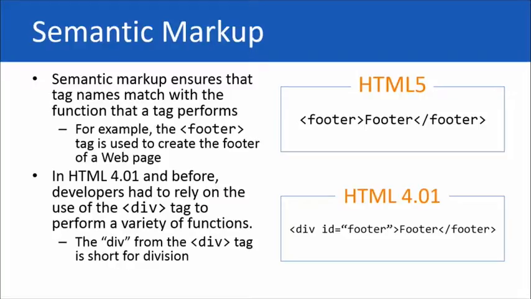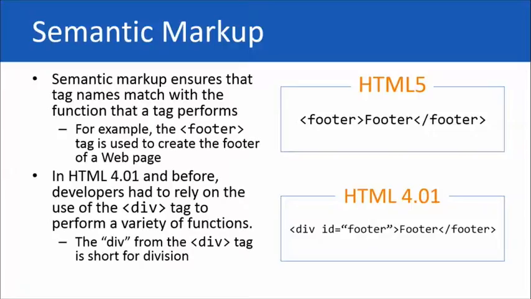Let's focus on what this looks like, right? So the semantic markup ensures that tag names match with the function that a tag performs. So, you know, a footer tag is used to create a footer, and so on. In HTML4, it used to be the case that we'd use div tags for everything, and div is just short for division. And so we'd have to use the ID attribute in order to label what it was, right?